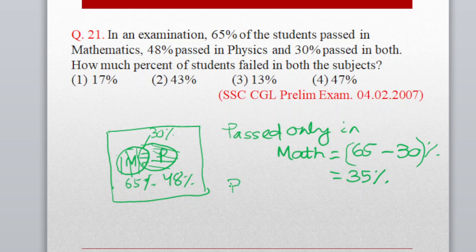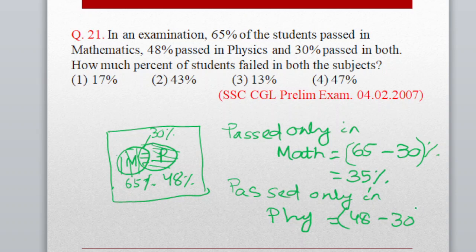So passed only in physics is equal to 48 minus 30%. So that is equal to 18%.